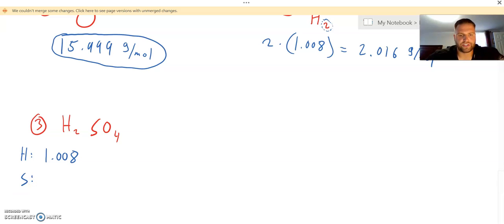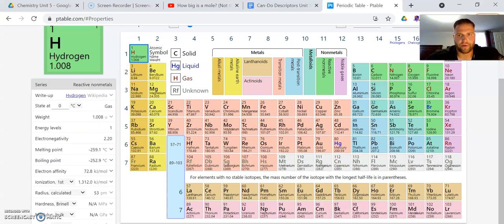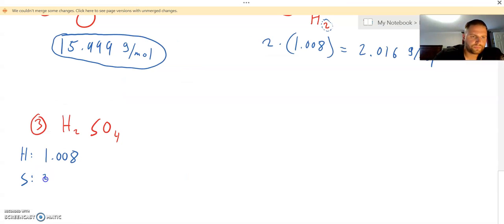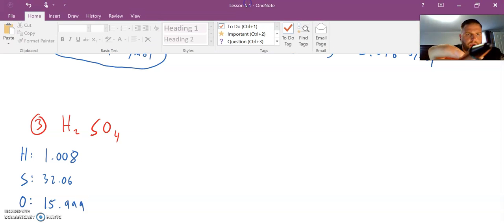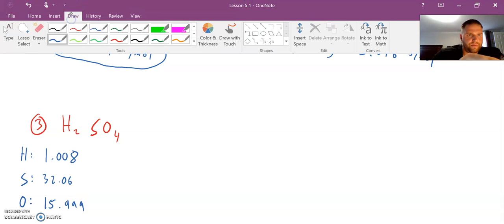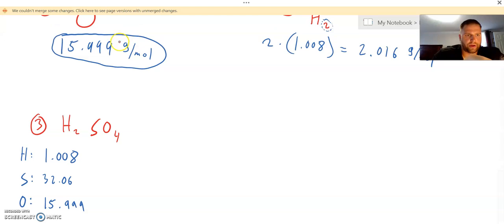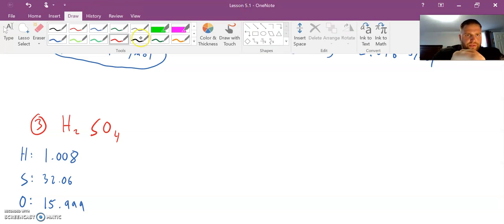Sulfur, we have not seen that yet, so let's go ahead and click on that one. 32.06. And then how about oxygen? What was oxygen? 15.999. Okay, great. We have our symbols here, or the masses of our symbols.